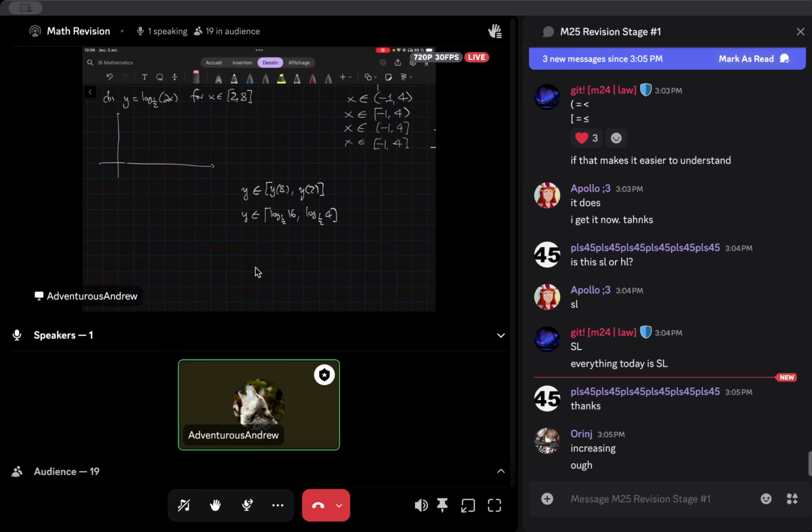Okay, when does it cross the x-axis again? 1/2. Okay. Actually, it looks something like this. At 2, you get this number. At 8, you get an even more negative number. So your range is from -4 to -2.